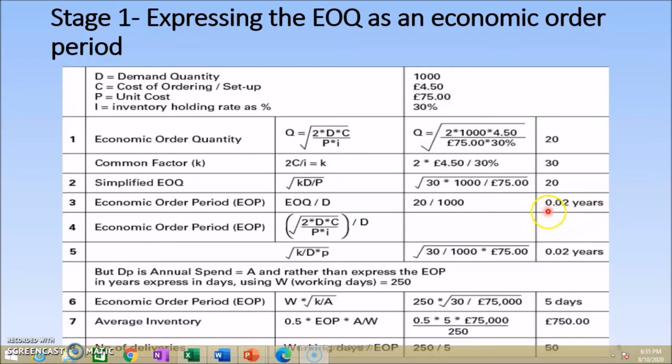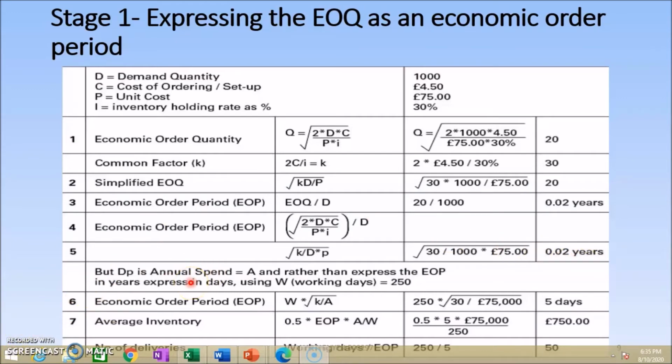So every 0.02 years, we have to order 20 units, the economic order quantity. And if we apply the K factor in this formula, it will come to this simplified formula, but it's still in 0.02 years.